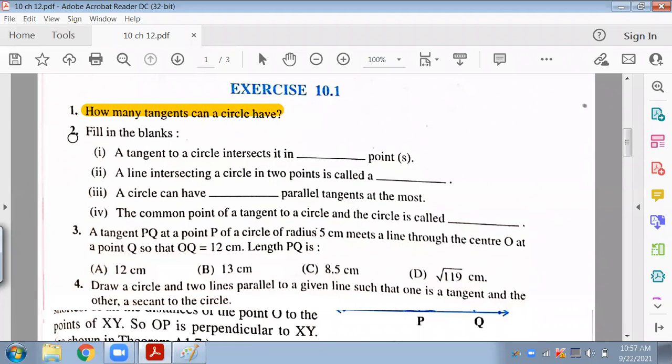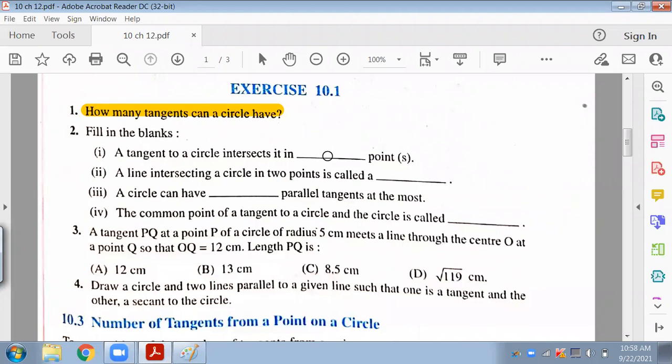Then 2, 1. A tangent to a circle intersects it in 1 point. Then number 2. A line intersecting a circle in 2 points is called a secant. Then number 3. A circle can have 2 parallel tangents.